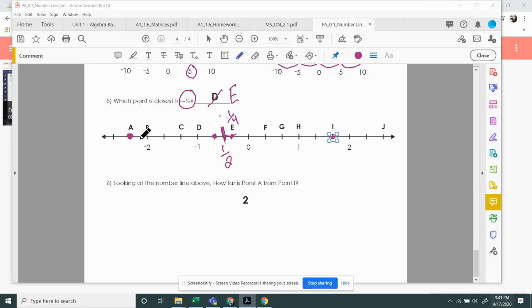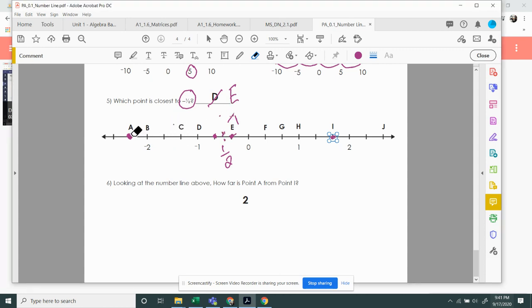Well, let's see. We're going to go, this looks like 2.5. It's 1.5. I think these are divided into thirds. I'm going to erase the entire number line so we can get a better look at it.